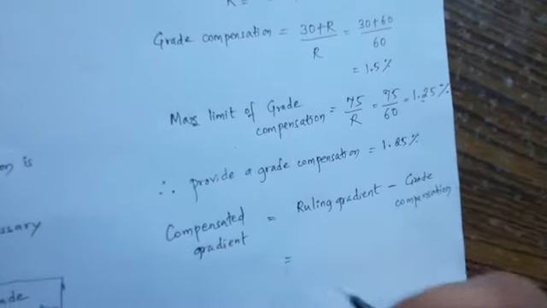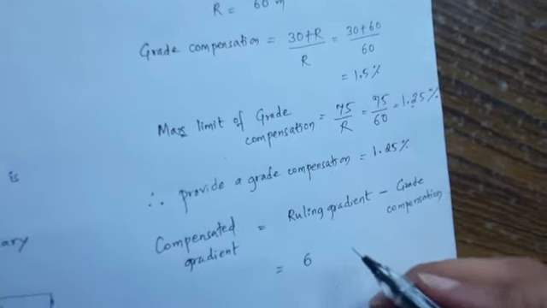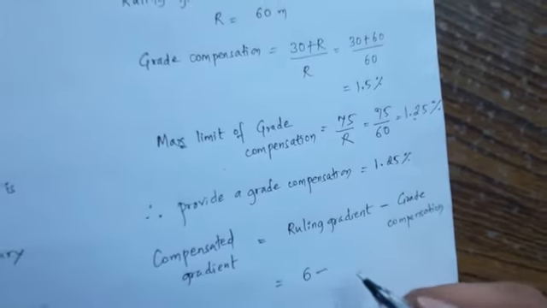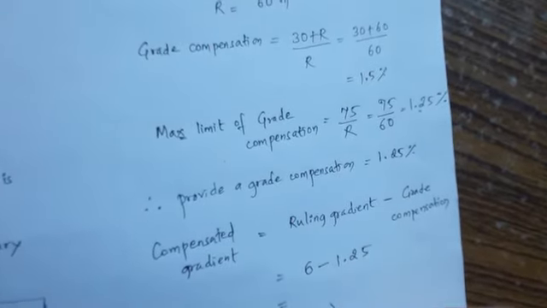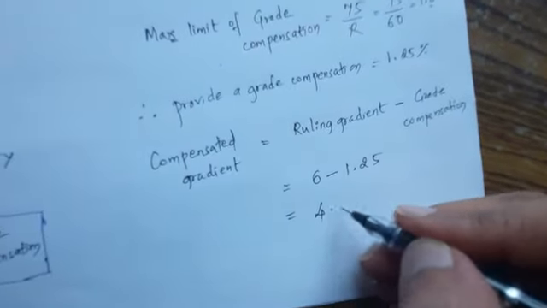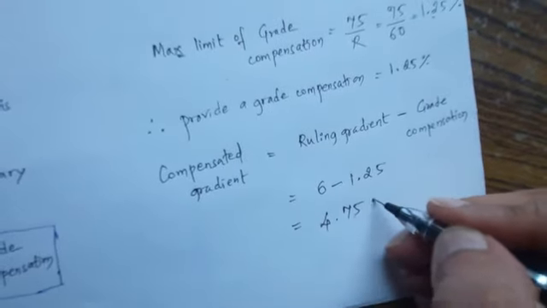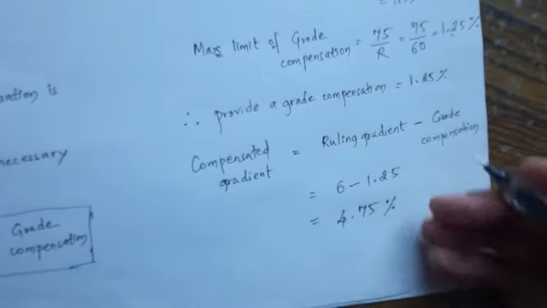That is nothing but the ruling gradient is 6% and the grade compensation is 1.25. So it is going to be 4.75%.